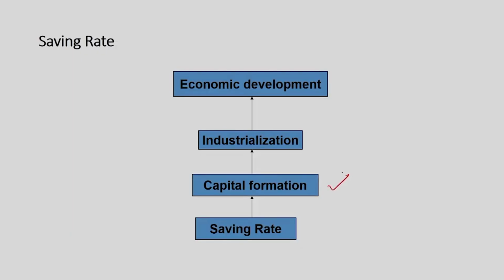This led some scholars to identify capital formation as the main vehicle of economic development. Since capital formation is dependent on the rate of savings in the community, it became another indicator for measuring development.